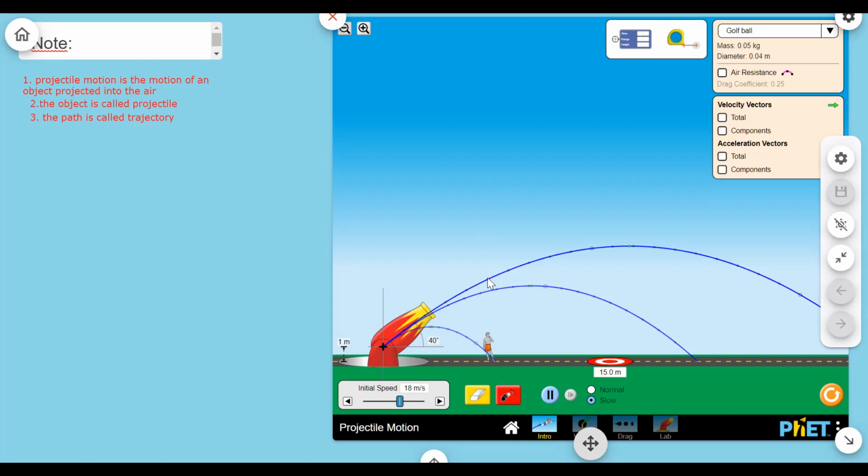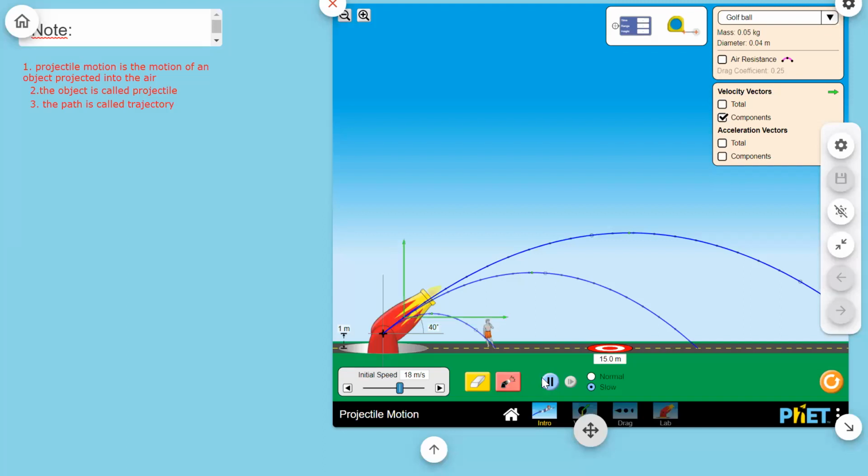Which one is the perpendicular axis? This one. If we put the component of velocity here, we can fire it. So that is a very, very important fact to remember, the motion along the perpendicular axis, everyone.